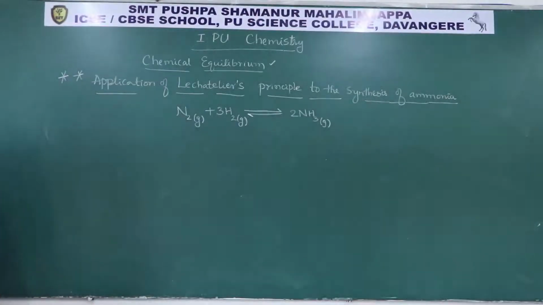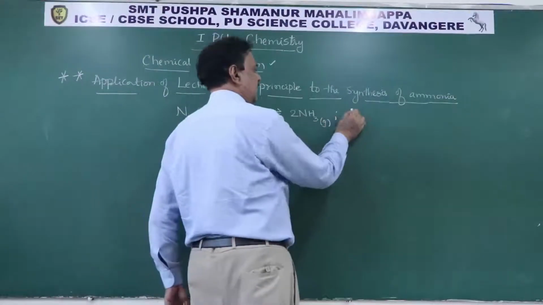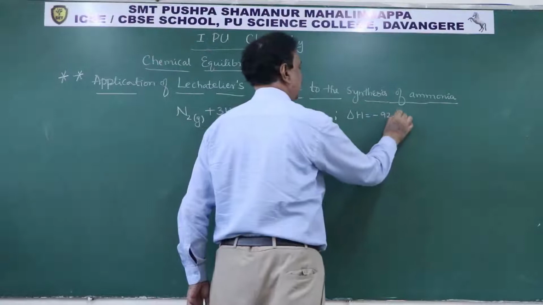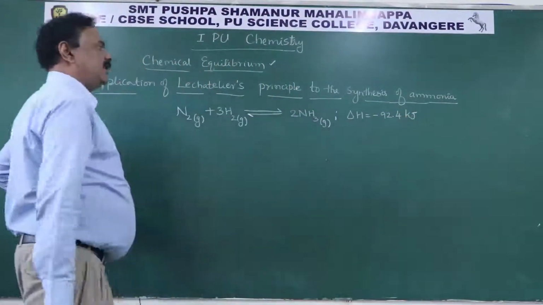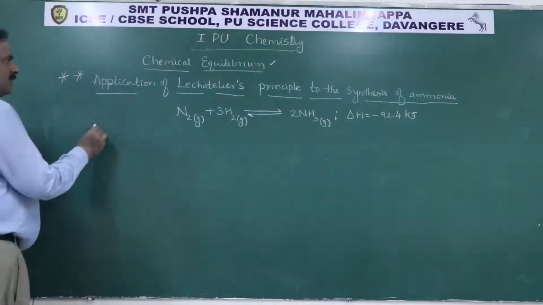Delta H is equal to minus 92.4 kilojoules. It is a homogeneous chemical reaction. It is a reversible chemical reaction, and it is an exothermic chemical reaction.